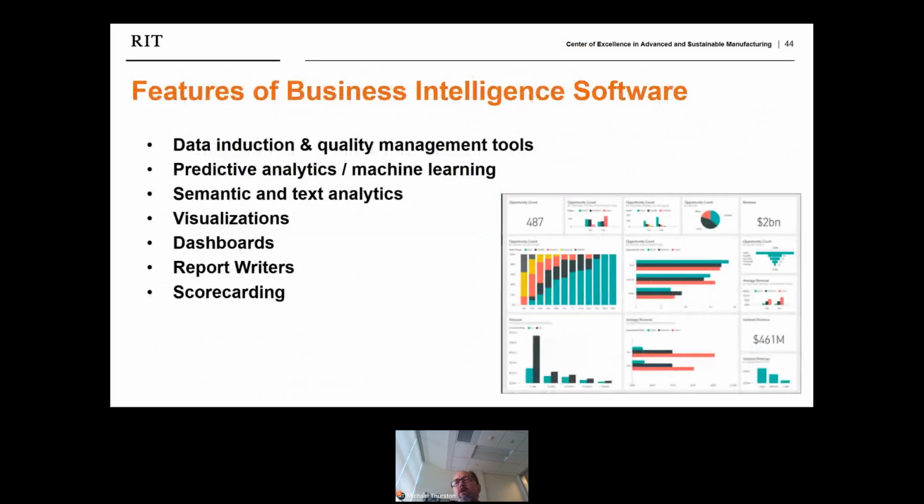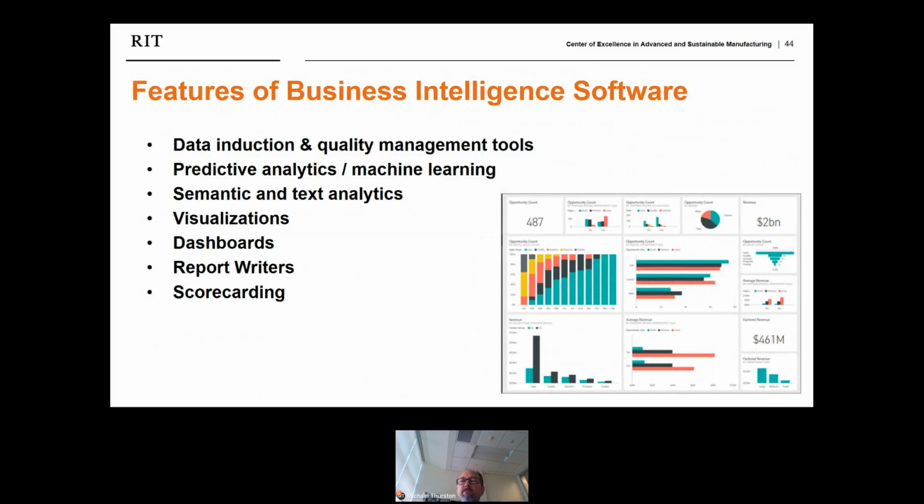So we talked about the deeper methods, but at a higher level, what are the attributes of business intelligence software, the off-the-shelf software? The basic capabilities that are important are shown here. Good tools for data management are very important to the successful and cost-effective implementation.